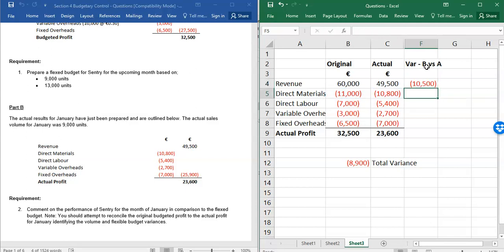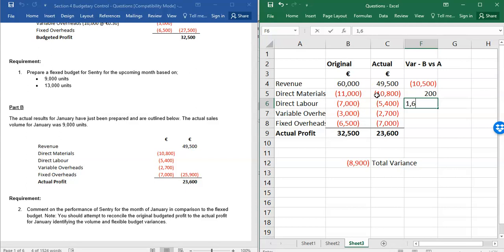Let's copy it down. You will have minus 10, minus 11. So that would be, apologies, I got the wrong way around. That will be plus 200. So it's minus 10.8 plus your 11. So you have 200. What that means is actually you spent 200 less than expected. Because it's lower, that's a positive.